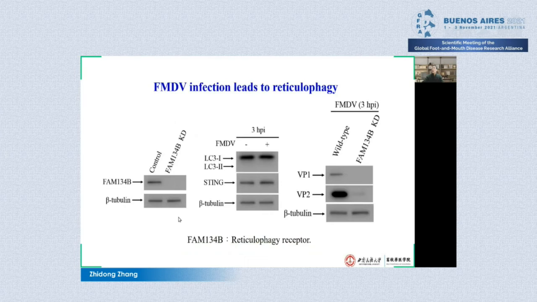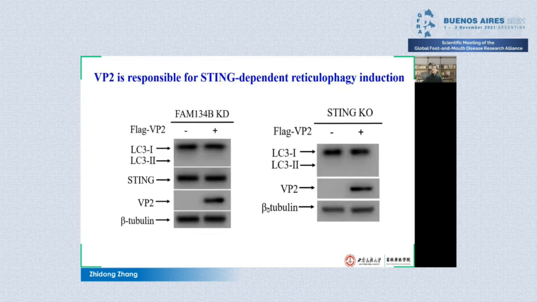Our previous study also found that FMD infection leads to reticulophagy. Here you can see that this marker is a specific receptor for reticulophagy, and if you knock down this receptor and then infect with FMD, no autophagy occurred and virus replication also dropped.